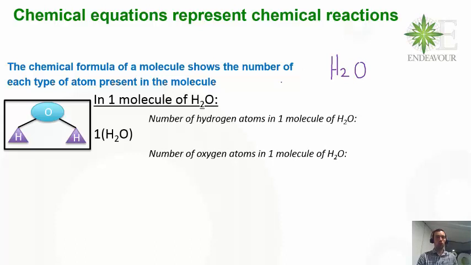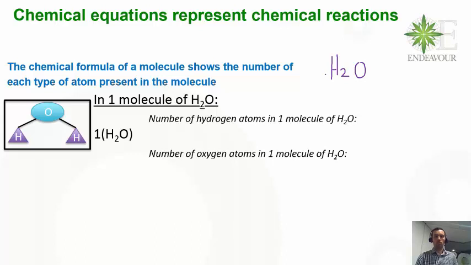The chemical formula of the molecule tells you the number of each type of atom that is present in that molecule. So based on our H2O here, we can work out how many hydrogen atoms there are and also how many oxygen atoms there are.